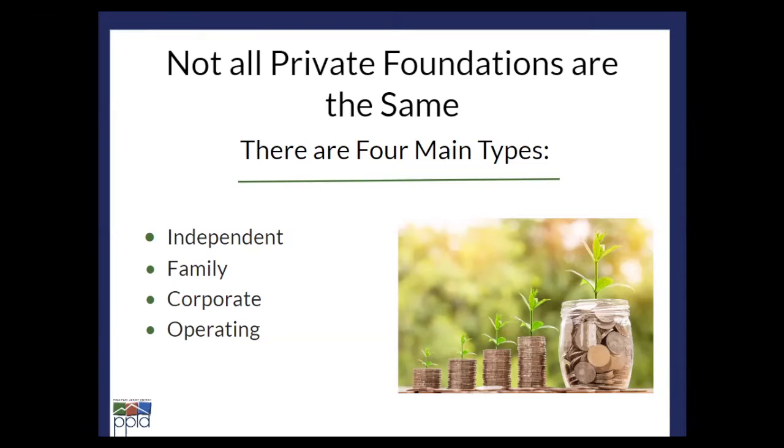And then an operating foundation, this last one, works a little differently. An operating foundation may award some grants, but the total is generally small relative to the funds for the foundation's own programs.